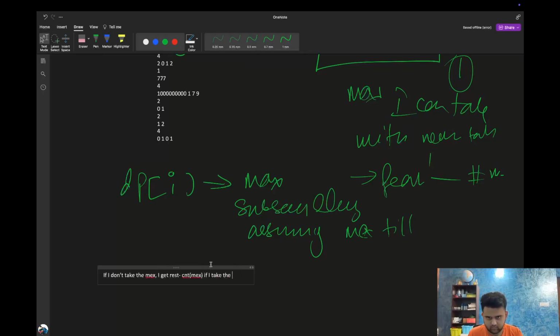If I take the max, then I can't take any other max, so I can take at most rest minus count of max plus 1. So I have to check if this is possible, which is a big claim.